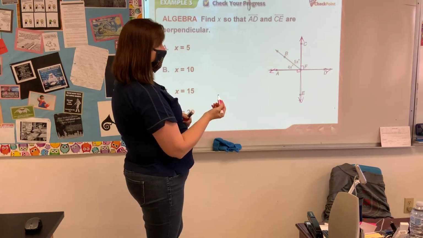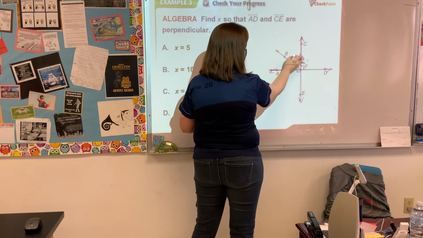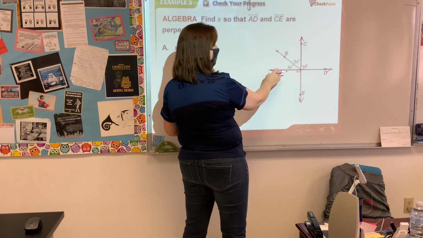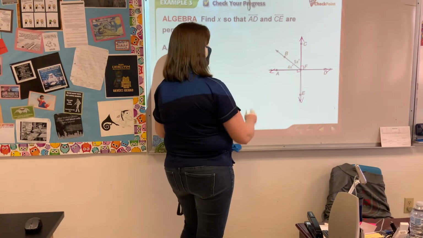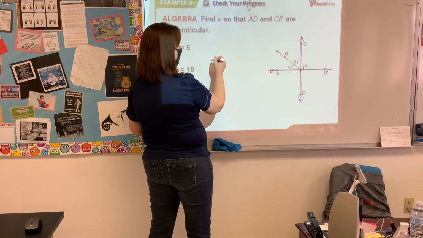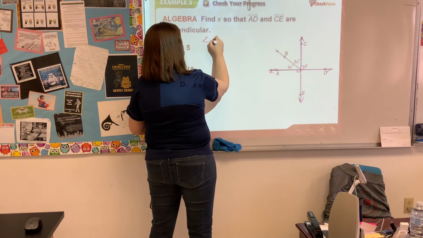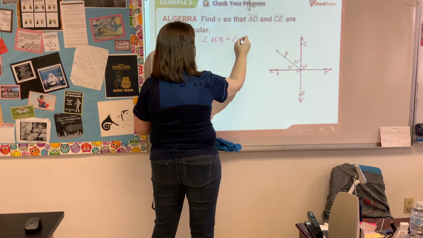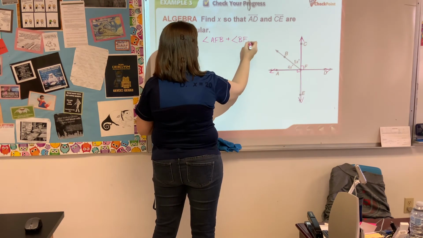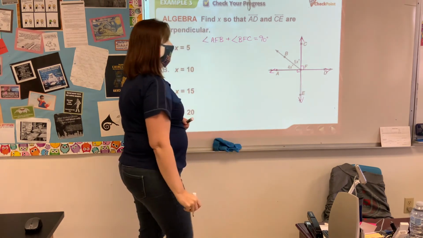Okay, the only information that we're given is here in angle AFC, we have two separate angles, one equaling 4x and one equaling 5x. Those two angles, as we add them together, have to equal 90. Angle AFB plus angle BFC must equal 90 degrees together.